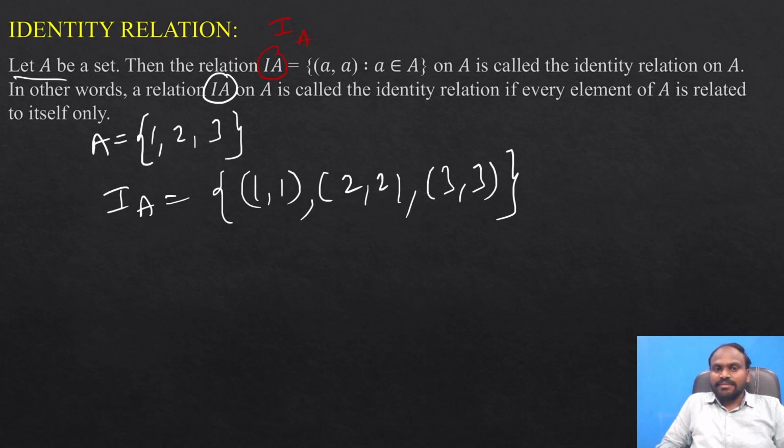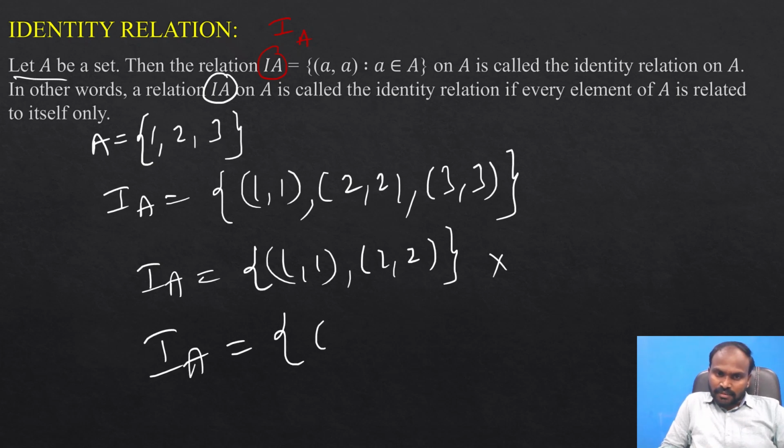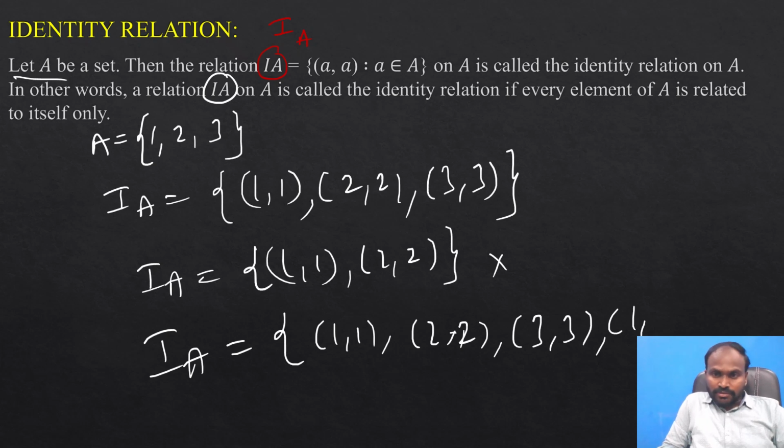An identity relation. Sir, now can I say that (1, 1) and (2, 2) is an identity relation? No, because 3 is missing here. Sir, can I say that (1, 1), (2, 2), (3, 3) or (1, 2) is an identity relation? No, we can't say this is identity.